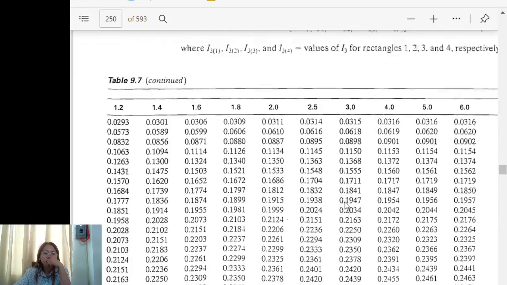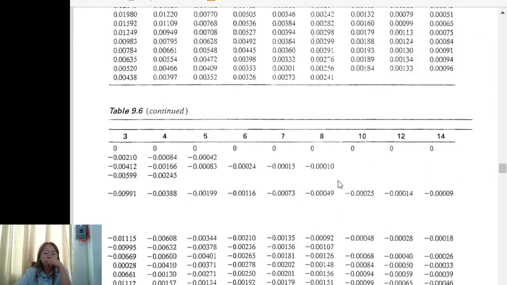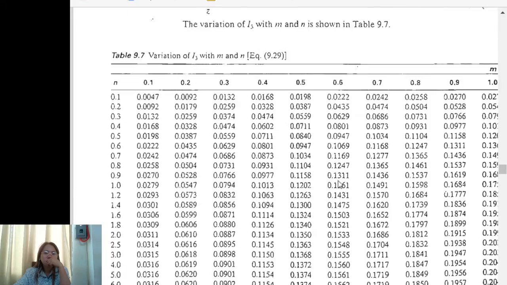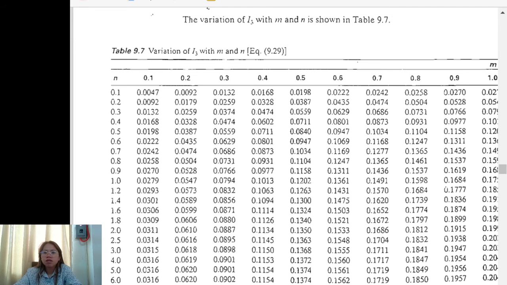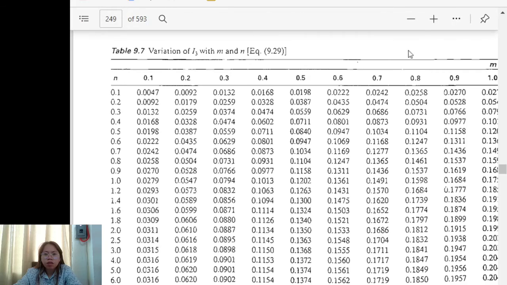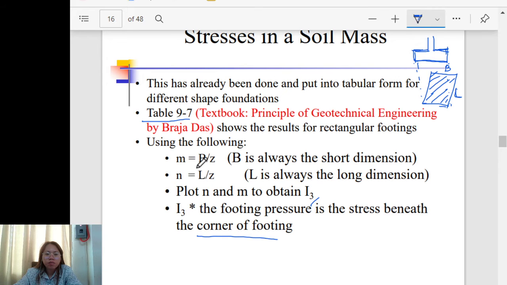Table 9.7. Yes, this one. So this is what I was talking about earlier. First, you have to determine your B, the shorter dimension, and L, the long dimension.